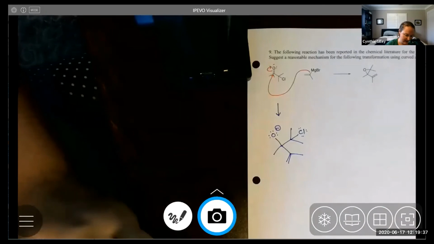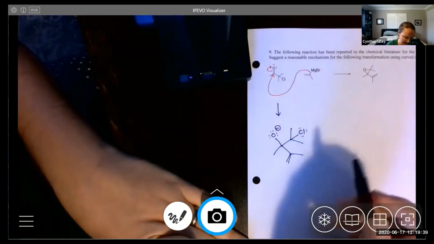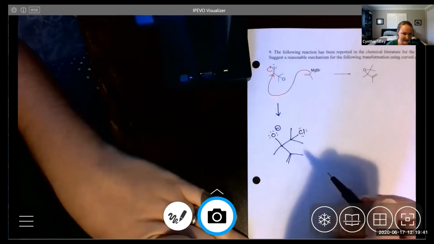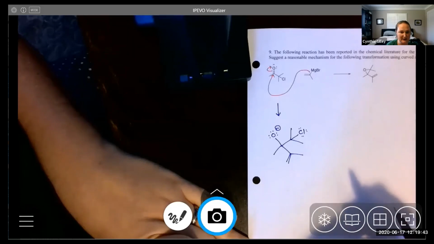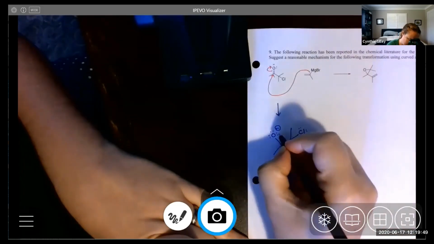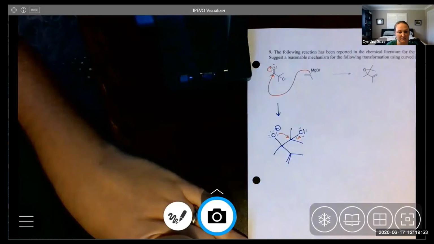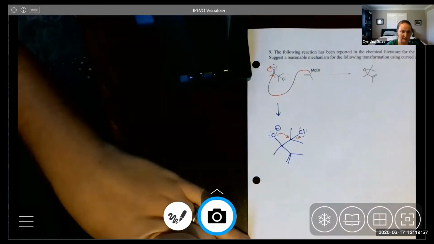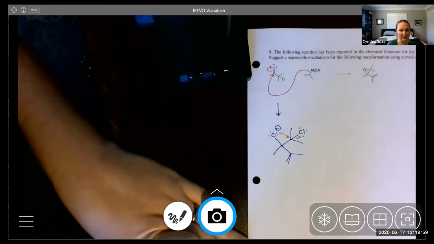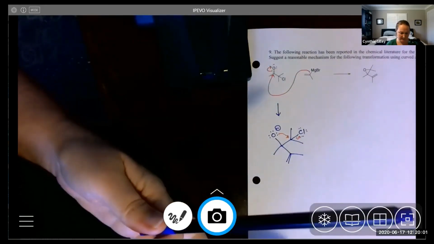Because now we have an alkoxide and an alkyl halide. This is a little bit weird because you have to show an SN2 reaction on a tertiary carbon, which we usually don't do. But because it's intramolecular, potentially it's possible, especially if that chloride is really starting to come off a little before the alkoxide came in.